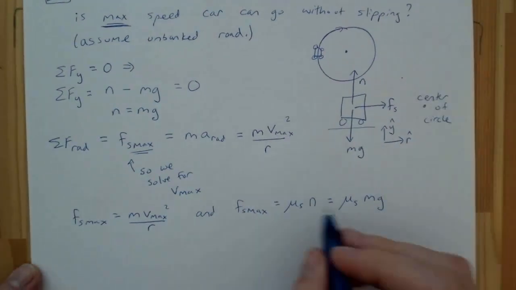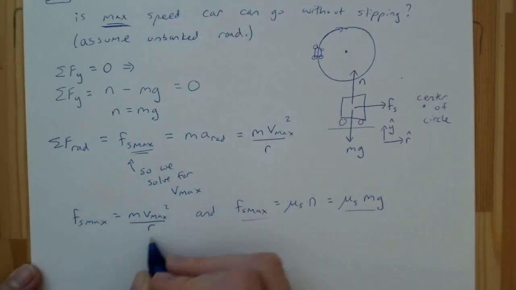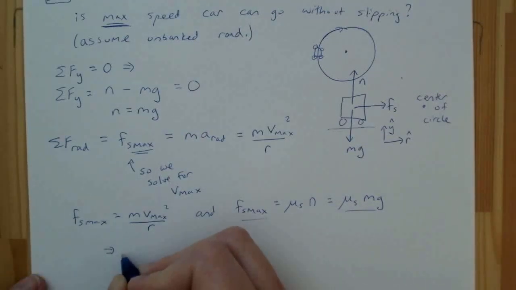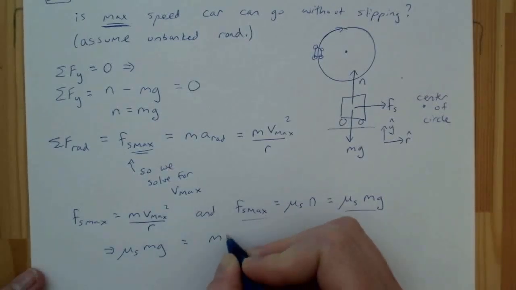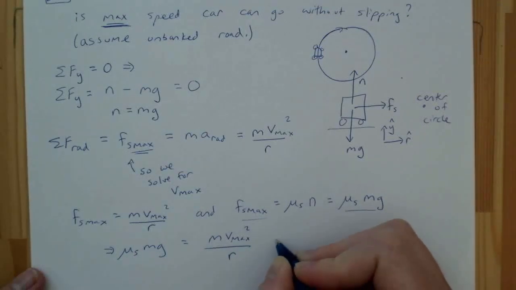So we can then use this relationship for F sub s max, put it into this relationship here. So we end up with mu sub s times mg equals m times V max squared over r.